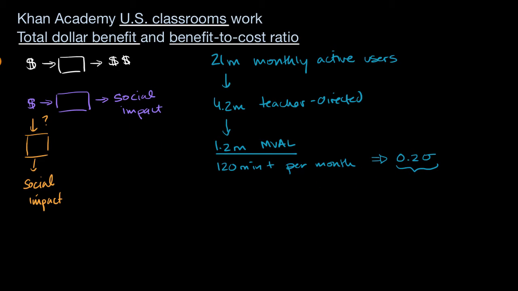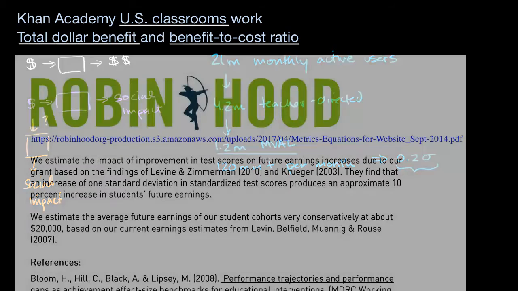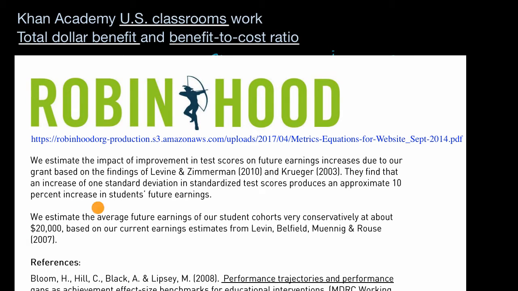To help us there, I'm going to use a framework from the Robin Hood Foundation. And this link right over here goes to a report that they created in 2014 to do exactly this type of thing. How do you compare different projects to understand which projects yield the highest social benefit?